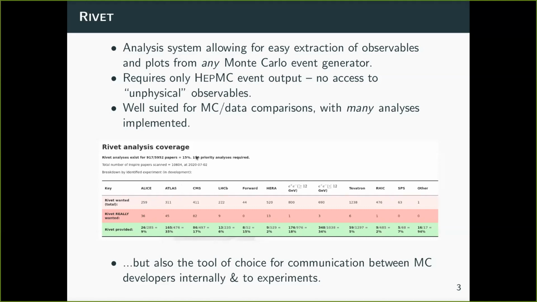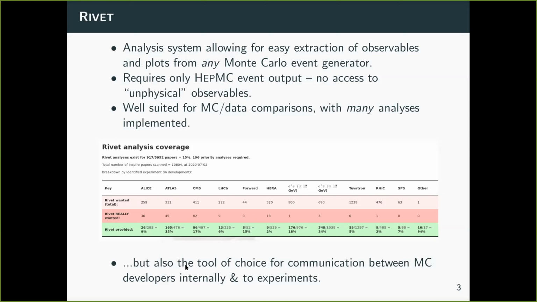So aside from being a data analysis tool where you can implement some analysis, it is also, in fact, the tool of choice for communication between Monte Carlo developers internally. Say I want to communicate with Stefan about some new observable, something we could do, and we would perhaps want to involve a Herwig developer, then we need some kind of language to define this observable.